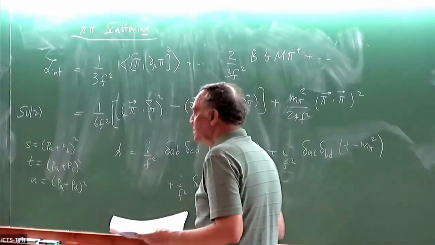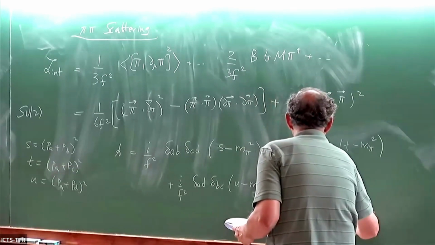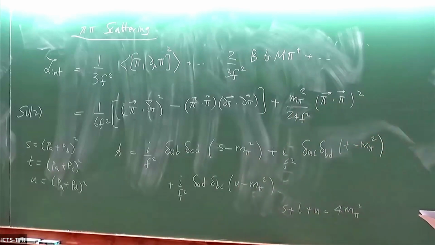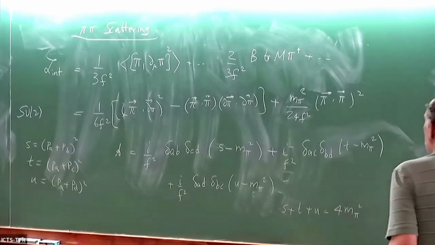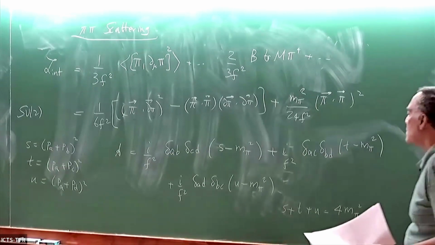And of course, s, t and u are not independent. S plus T plus U is 4 m pi squared. But this way, it makes the symmetry manifest, I mean, the Bose symmetry. Okay, so this is the pi scattering amplitude, and I think it's hard to read what he's writing from that corner, but I think this is what he had. Okay, so no parameters, we have the full pi scattering amplitude. So this is the leading chiral amplitude at order p squared.